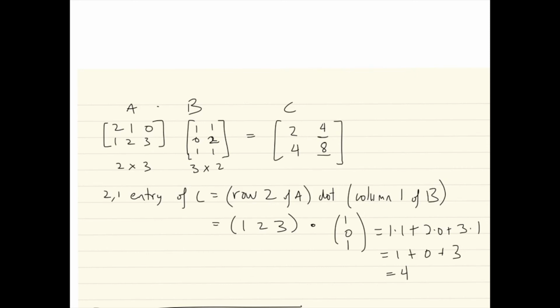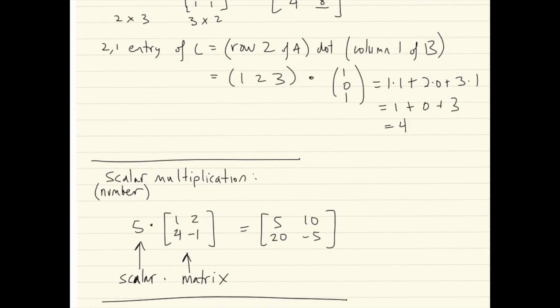So that's 1 plus 4 plus 3, which is indeed an 8. Okay, and so that's the answer of the product of A and B. Note that the answer is a 2 by 2 matrix, and in fact, that's because there's a 2 here and a 2 here. And that's going to work in general.